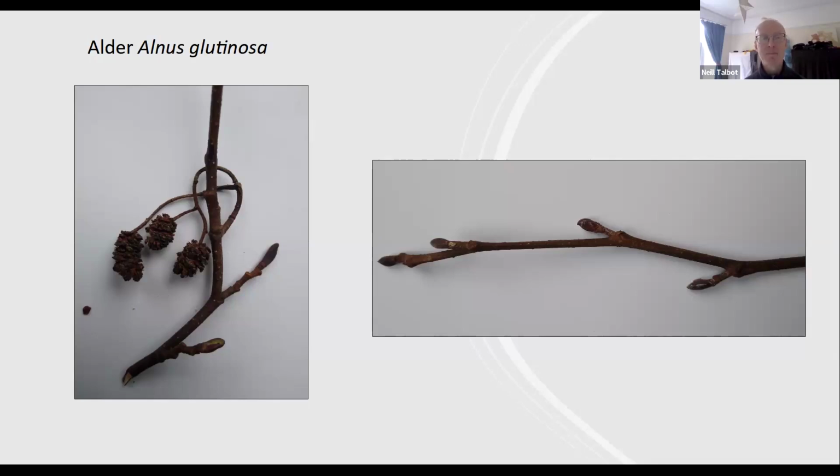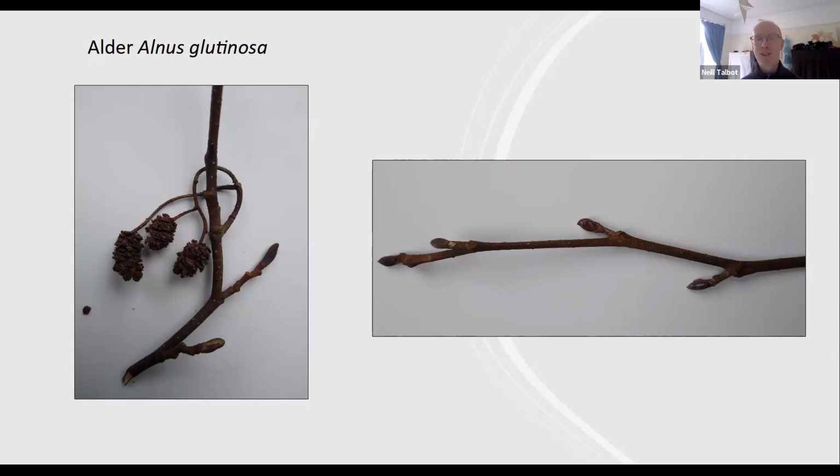You'll get male catkins, the drooping catkins, like I showed you for the hazel, but you'll also get these cones, which are still on the trees now, so they're very distinctive and a good identifying factor.